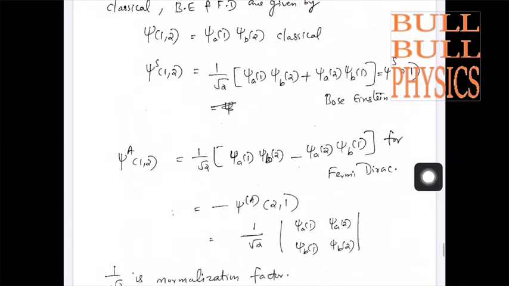Actually, this 2 comes from the 2 fundamental distributions possible for the system classically: psi_a(1) psi_b(2), then psi_a(2) psi_b(1). From that we form these symmetric and antisymmetric wave functions.